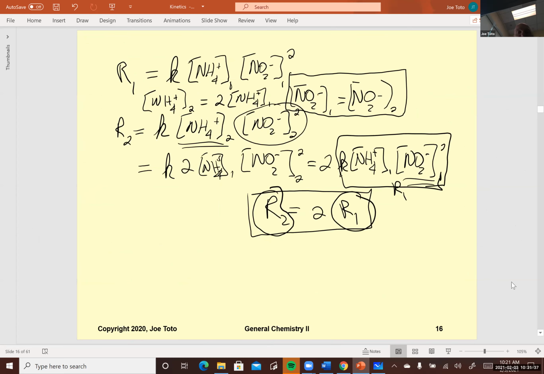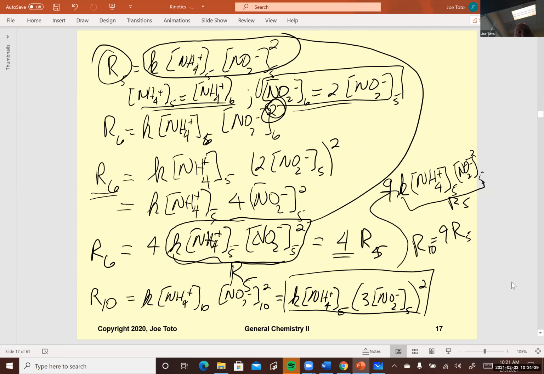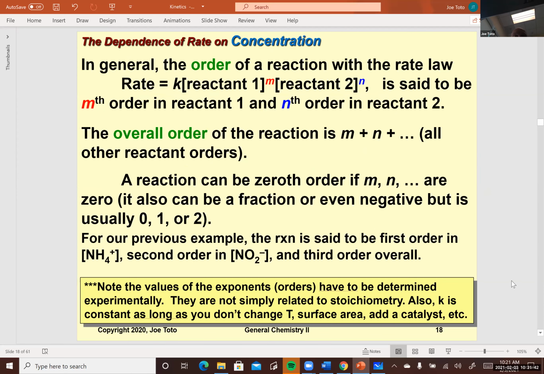We're going to look at this a little bit more when we start doing the problems, because we're going to have to also determine what K is. Once you have the form of the rate law, then you can go back and use the experimental data to determine K, because using this method, each experiment has the same form of the rate law.